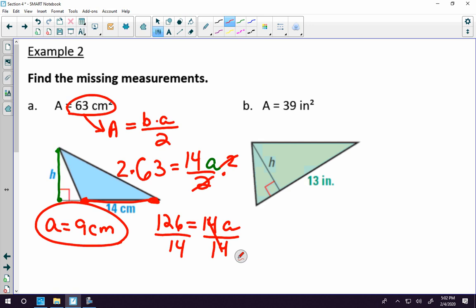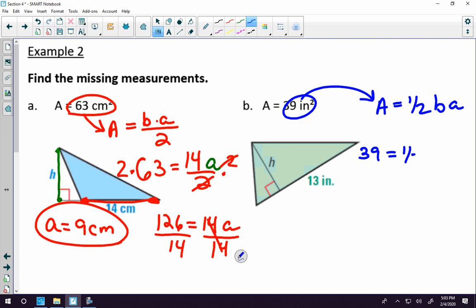Okay, let's look at example B. We know the area. So we're going area equals 1/2 base times altitude, the space inside of a triangle. We know what the area is, so we're going to substitute 39 in properly. The area equals 1/2 of the base length.